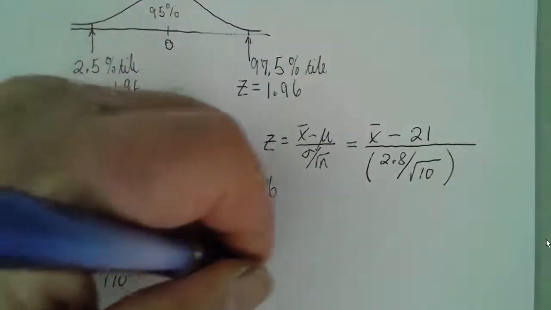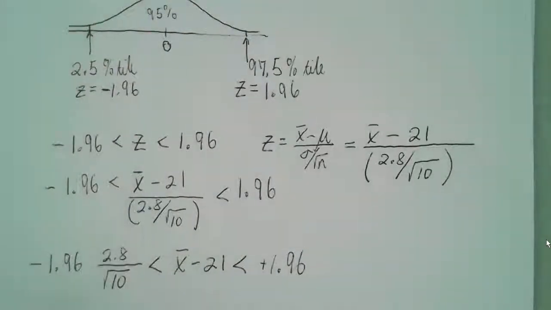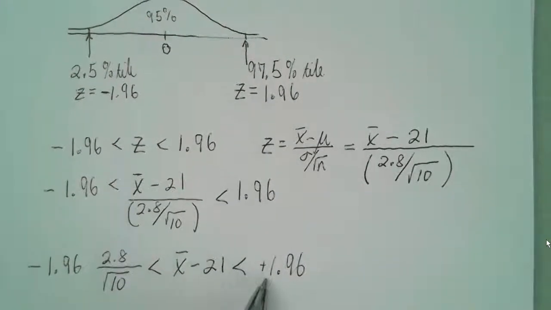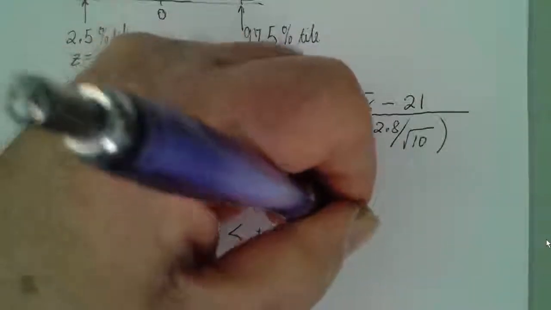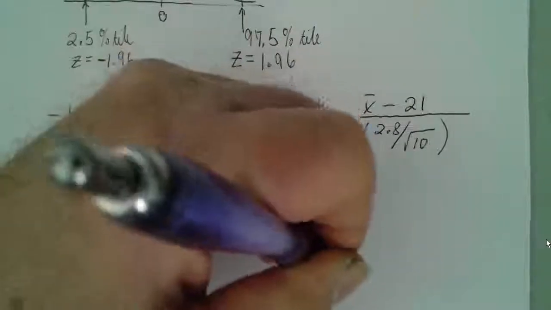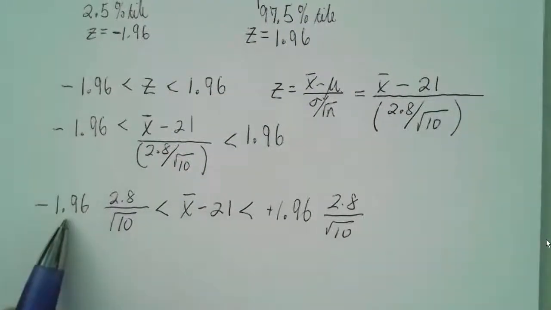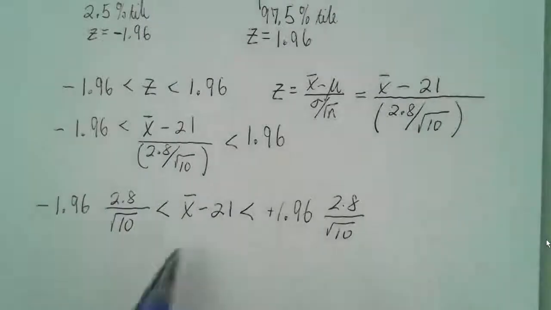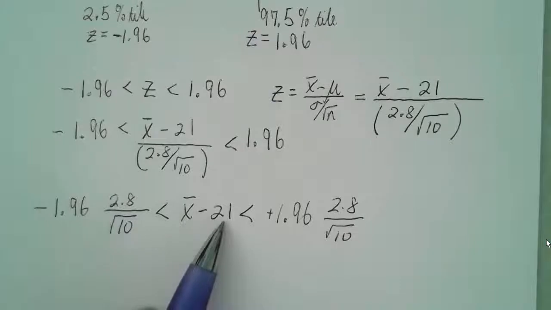And we'll have pretty much the same thing on the right hand side, except we have a positive 1.96 over here, and once again we're multiplying through by that fraction, 2.8 over root 10. Now that's good. That tells us how much we think our sample mean might differ from the population mean.